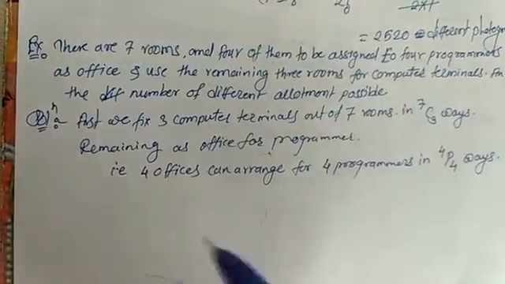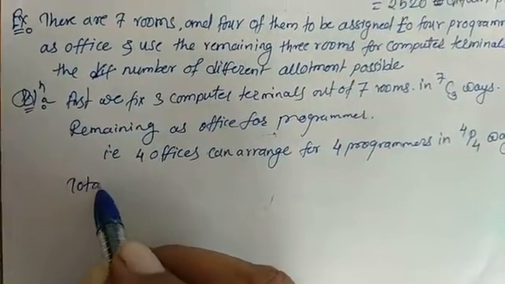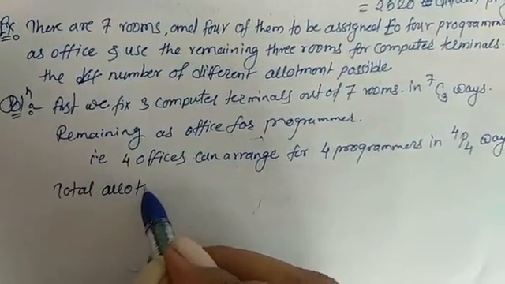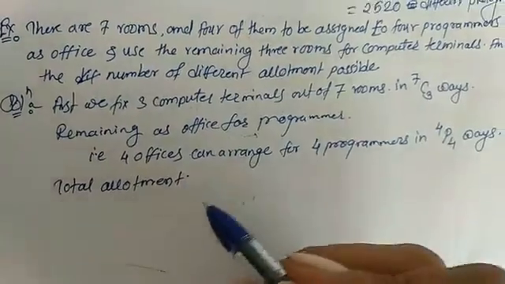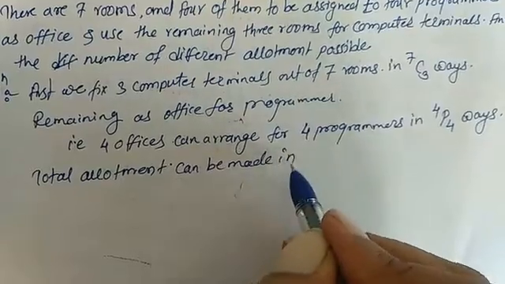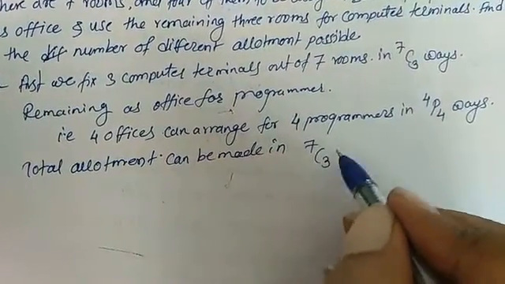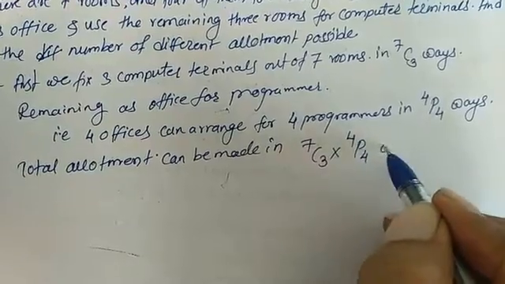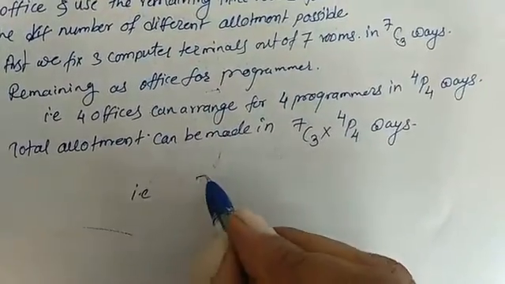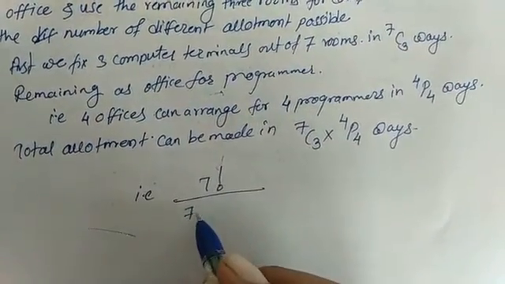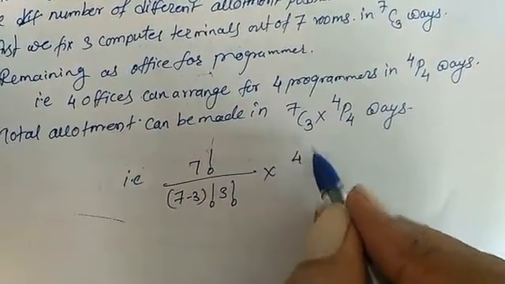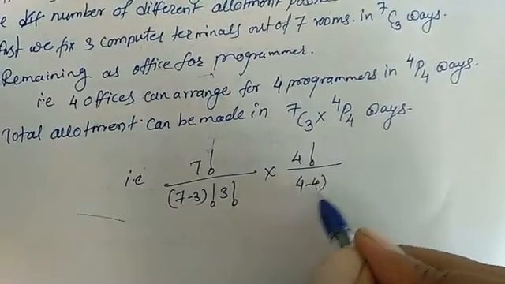So the total number of different allotments can be made in 7C3 into 4P4 ways. The formula for 7C3 is 7 factorial upon (7 minus 3) factorial into 3 factorial, multiplied by 4P4, which means 4 factorial upon (4 minus 4) factorial.